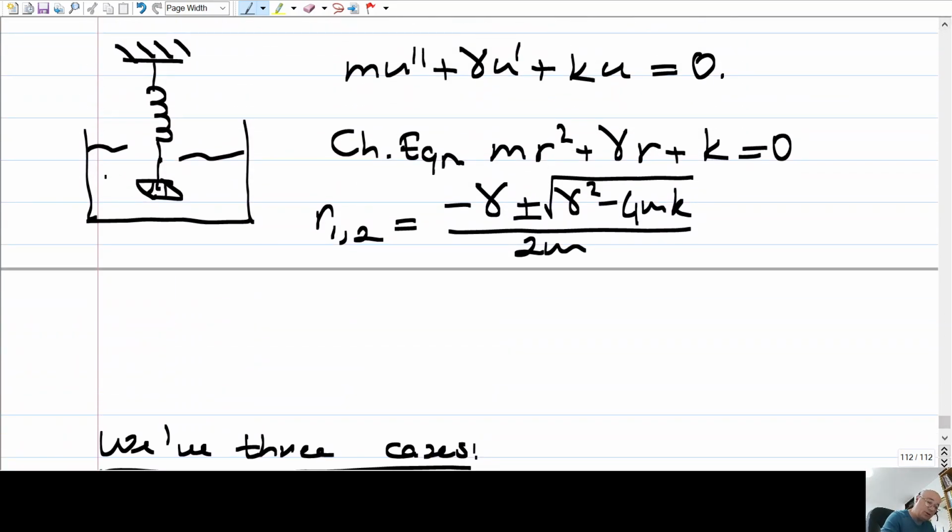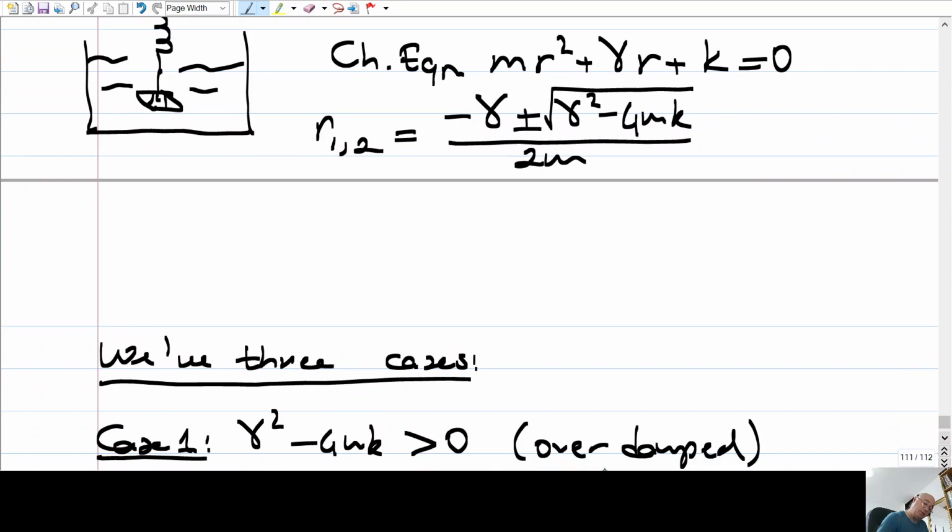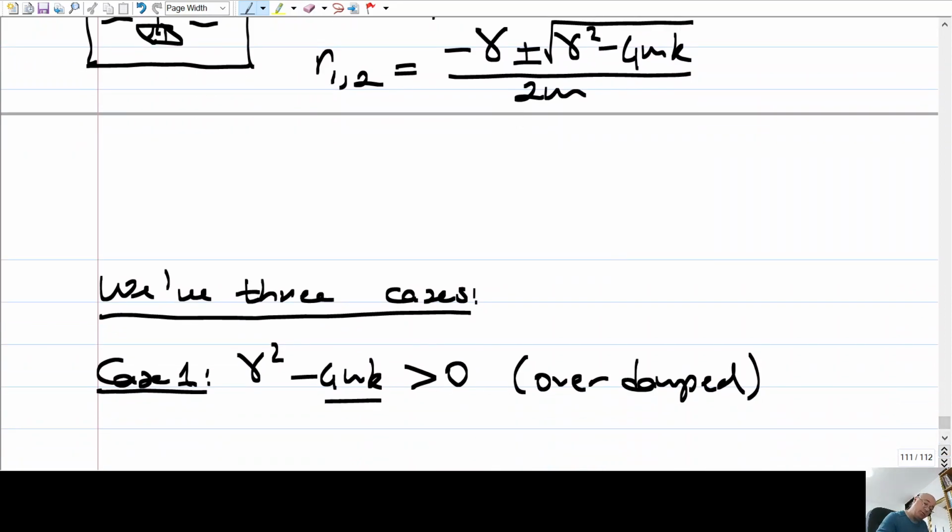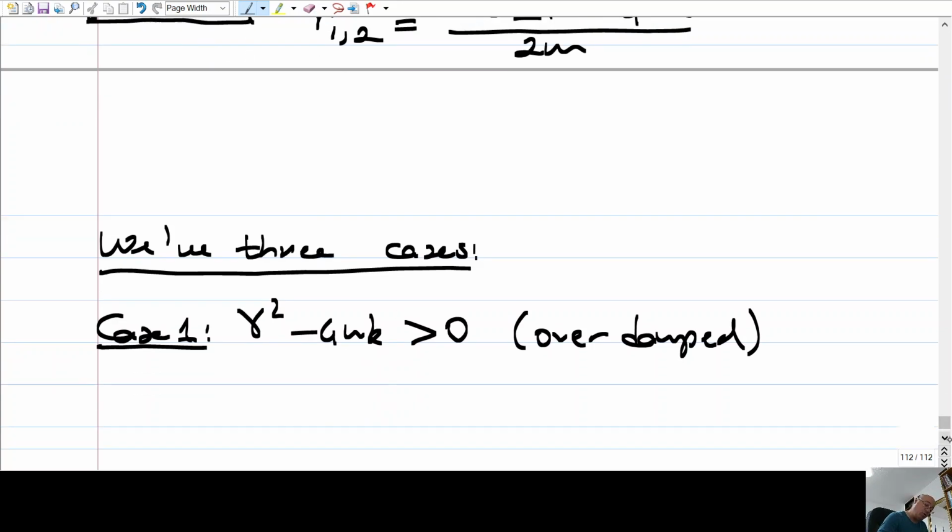In other words, the liquid here exerts a lot of force on the moving object, so that the drag force is bigger than the spring force, so that the roots are all real.